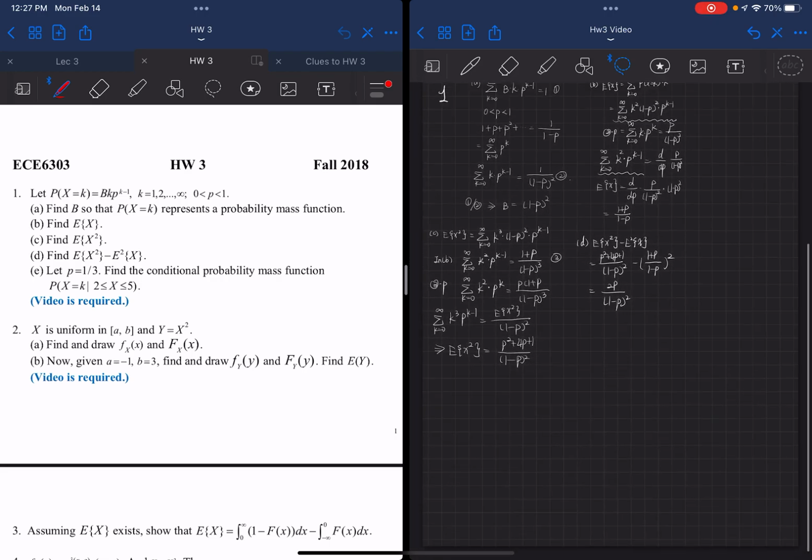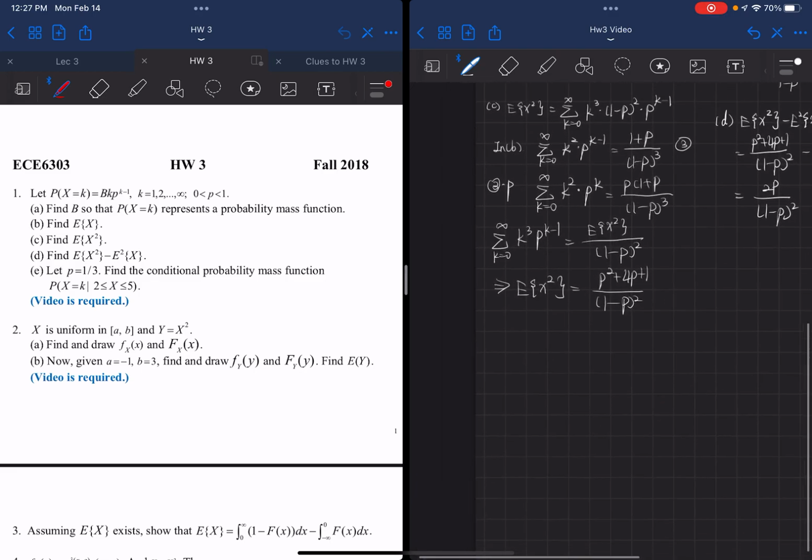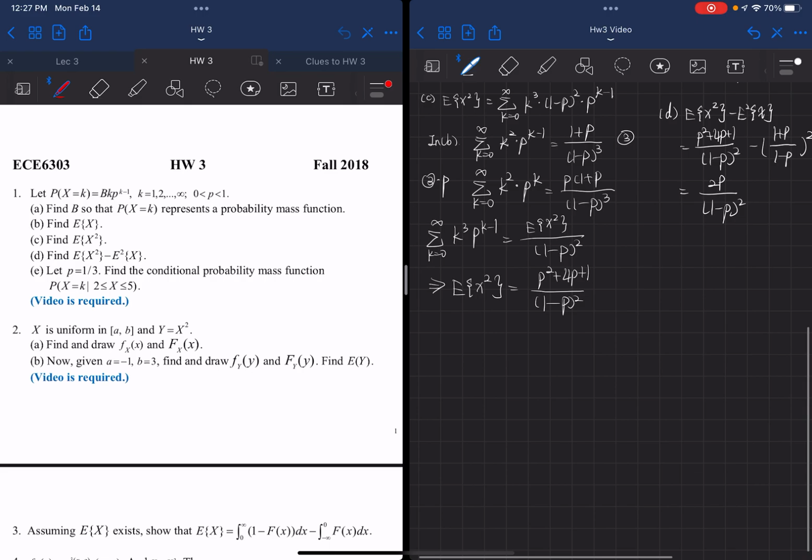And for the last part E, we need to find the conditional probability mass function given that p equals 1 divided by 3.